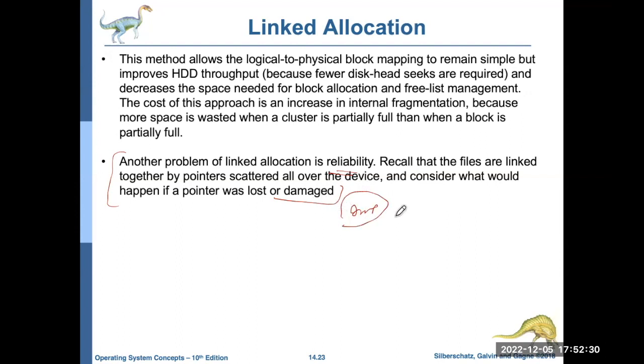We need to know, for each allocation method, whether we can use it for direct access or for sequential access, the problems with that particular allocation, and the remedies for it. So that is a must.